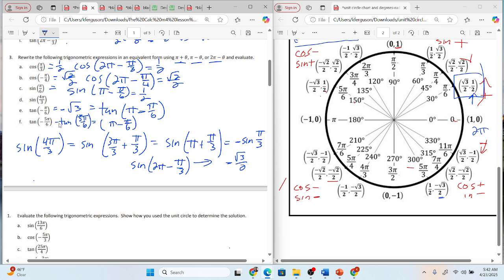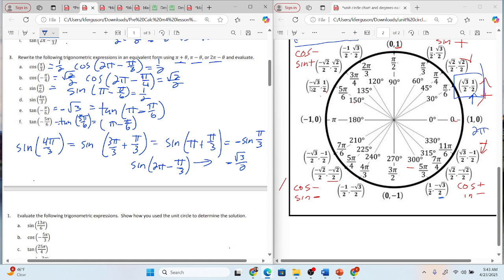So that is going to be 180 minus 30. So that's going to put me here. But that is a negative on the outside of that. So that's going to put me here, which is going to give me a negative tangent because remember this is sine divided by cosine.